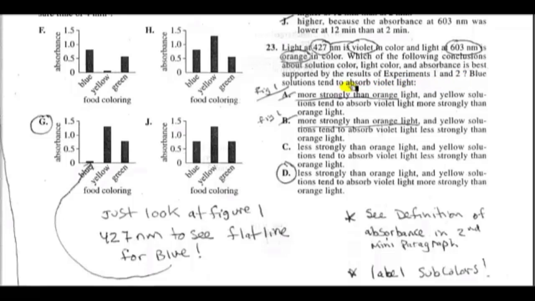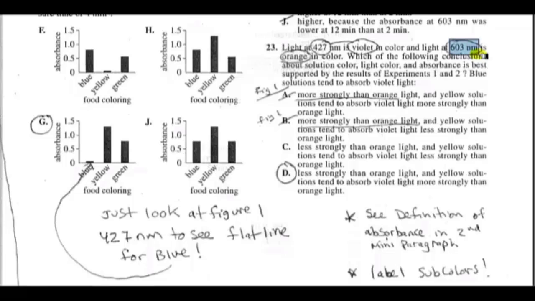Blue solutions tend to absorb violet light. First things first, we're asked about experiment 1 and 2. So we're going to need to go back and take a look at experiment 1 and 2. The second thing is we're asked about 427 nanometers and we're asked about 603 nanometers.